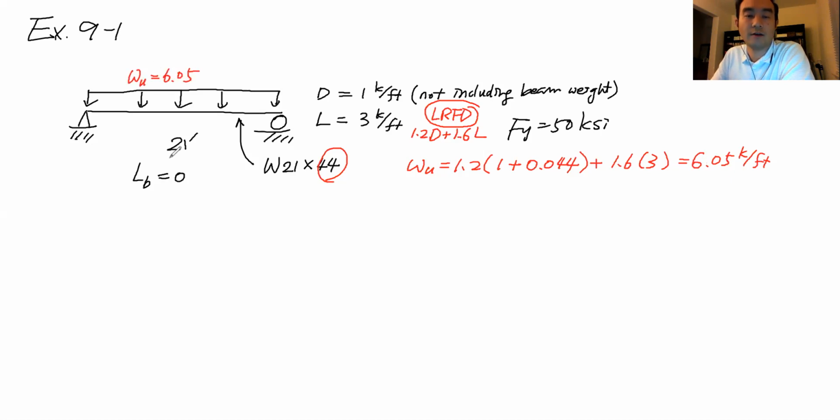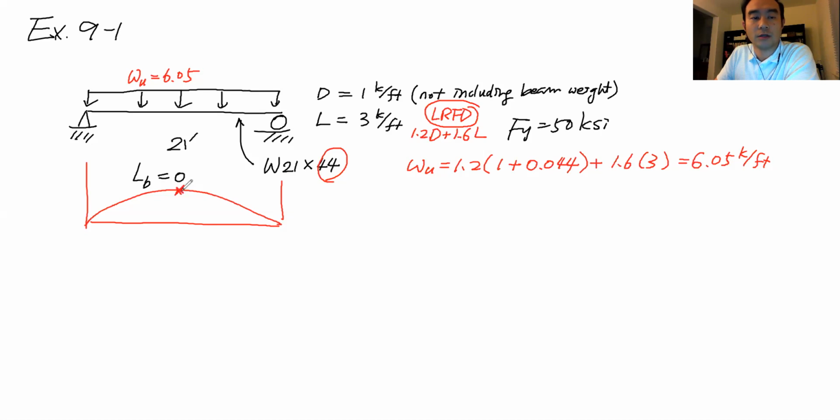So how can we find out the maximum moment? When we have a uniformly distributed load, if you may remember, the shear force diagram looks like this, and the bending moment diagram is a quadratic function, and the maximum bending moment is located in the middle. The equation is going to be wL squared over 8. In this case, w is going to be 6.05, and L is going to be 21 feet.